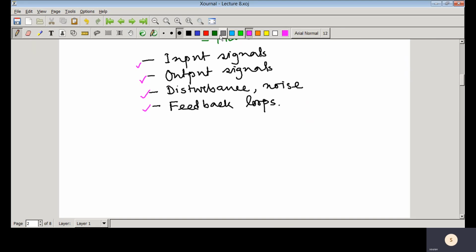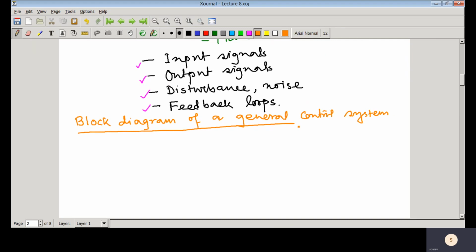So this one is the block diagram of a general control system. That means the standard control system. So if we consider a closed loop feedback control system, what are the standard blocks involved in that loop? We are going to see this.